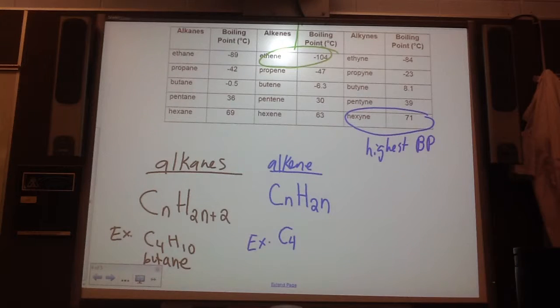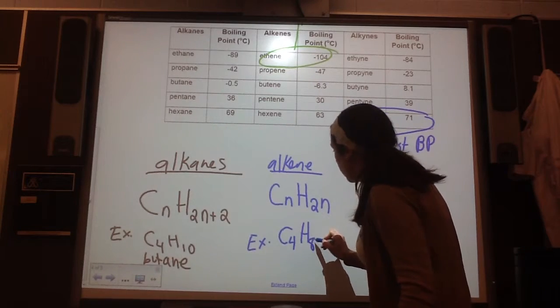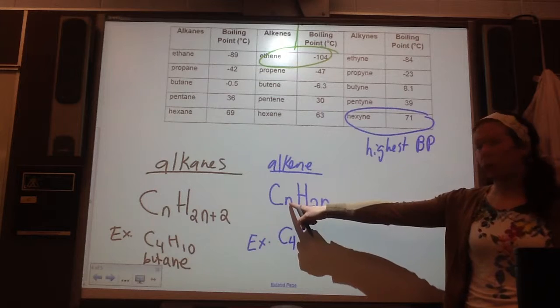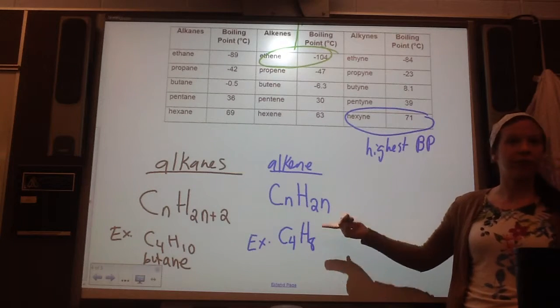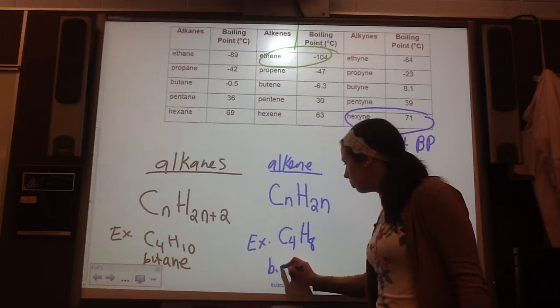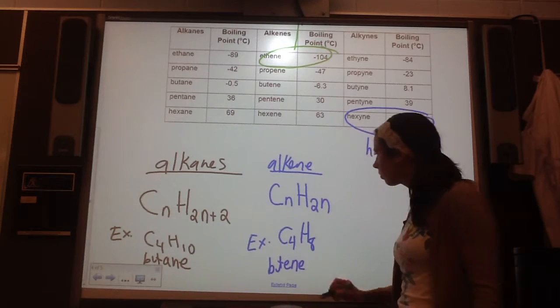If I have C4 and it's butene, there would be 8 hydrogens in butene, so C4H8, which makes sense with our formula, right? If we have 4 there, then we times that by 2 to figure out how many H's there are. Okay? So this is called butene.